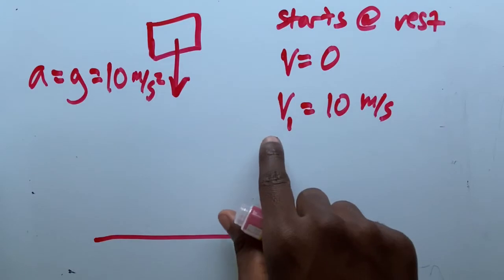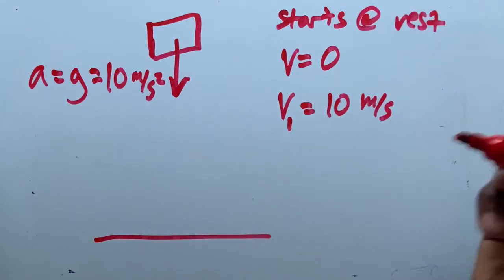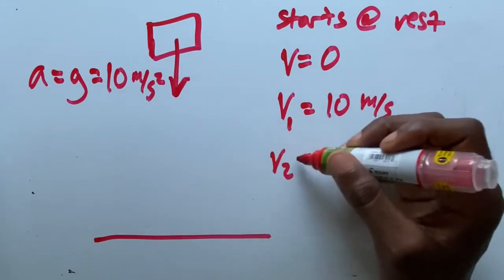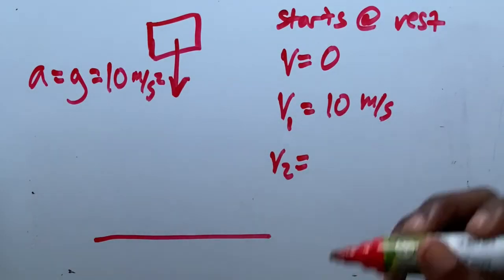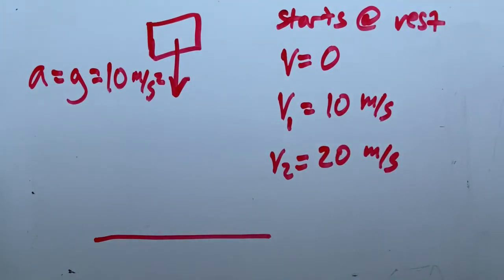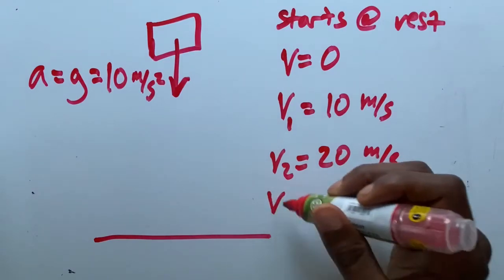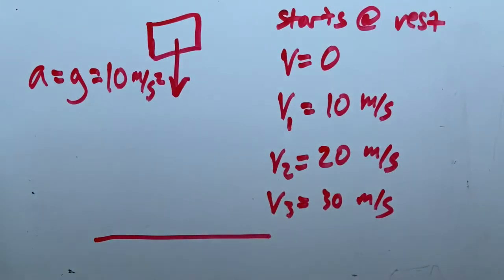So now what about 2 seconds later? From 0, 2 seconds later, how fast will the block be going? It's actually going to be going 20 meters per second. What about 3 seconds later? Now it's going to be going 30 meters per second.